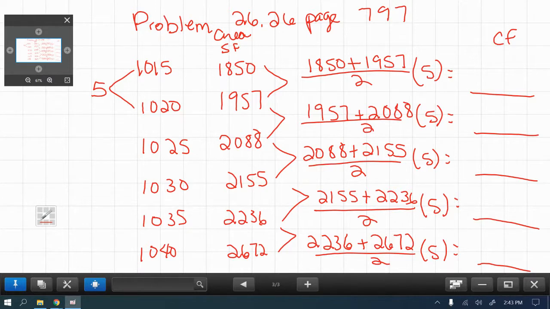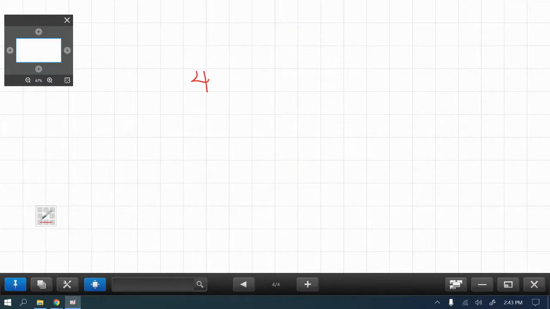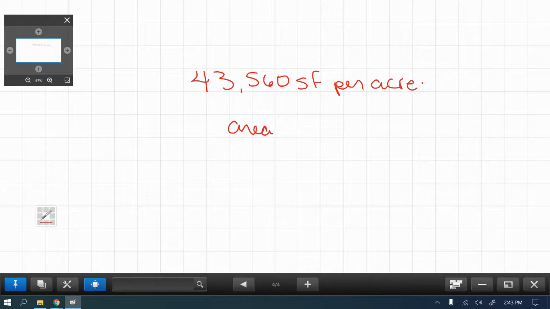Because acre foot is 43,560, and it's 1 foot deep.